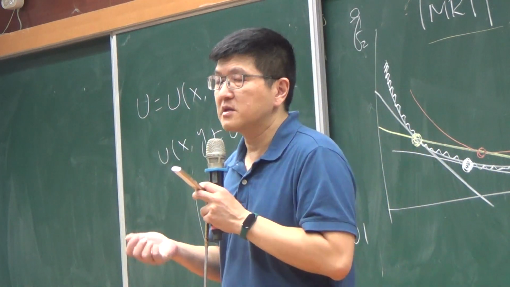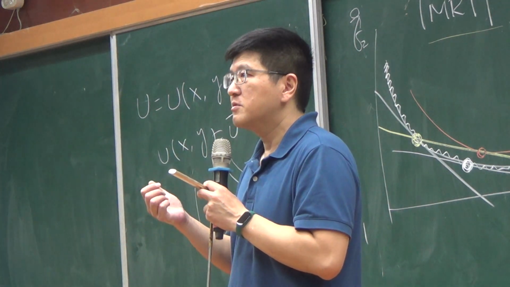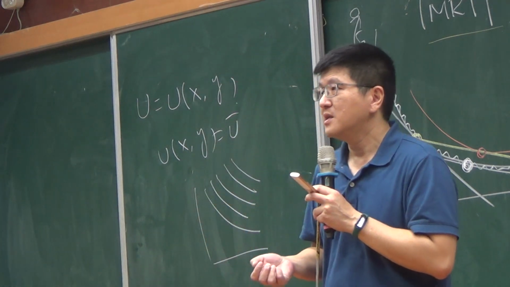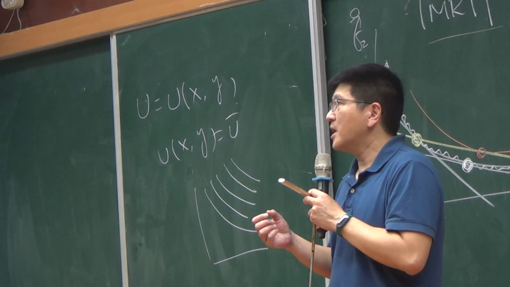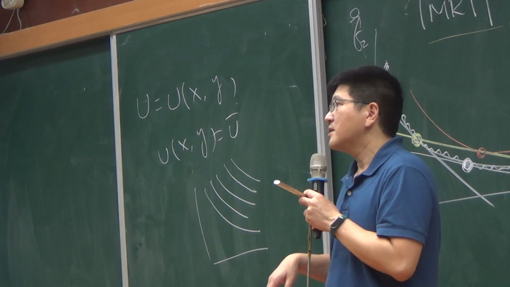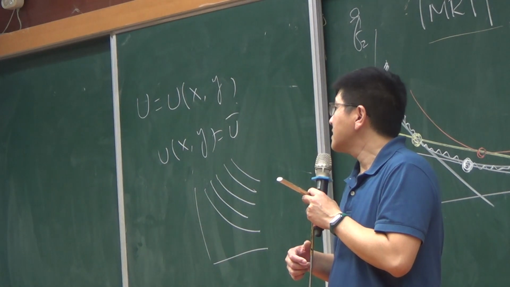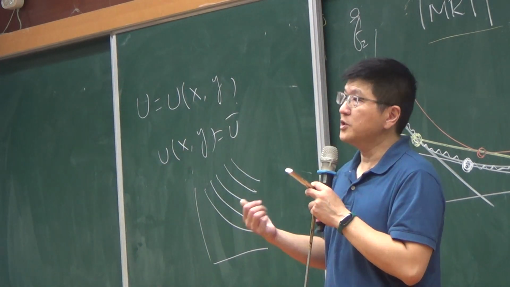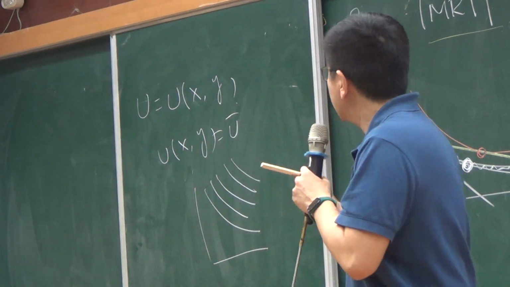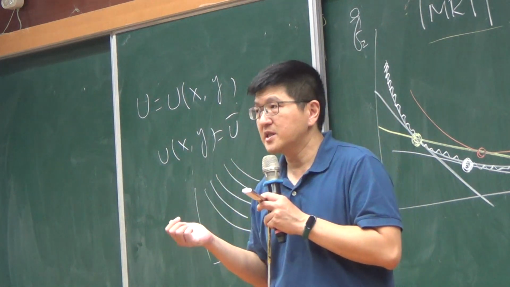Actually, it's hard to tell how happy you are. We just say, okay, I'm happier than yesterday, or I'm less happy than yesterday. I feel bad, I feel good. That is the only thing we may say. But actually, the utility function is something imaginary.